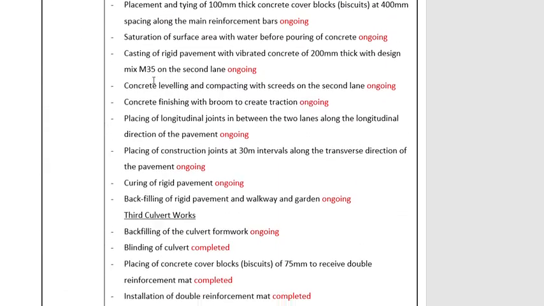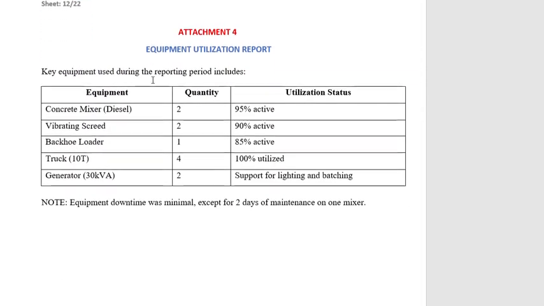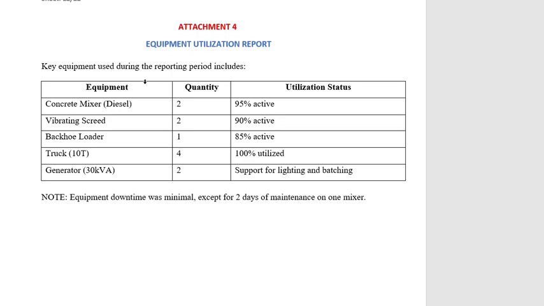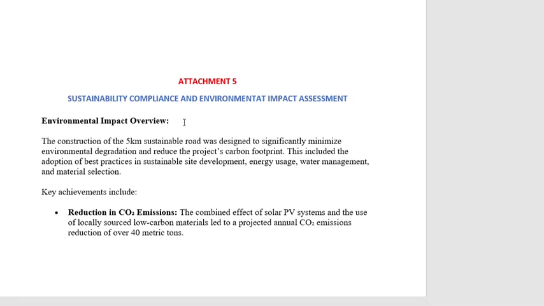This is how you capture the daily activities for your technical report writing, the equipment used, and the quantity of each of those equipment you see on site. You state them, and utility status. You can interact with the supervising engineers and get this information and state it in your technical report writing.